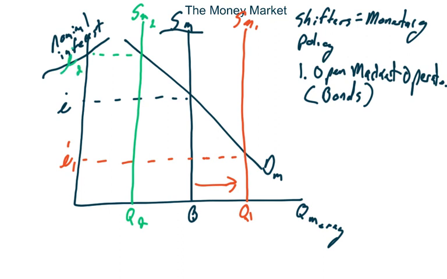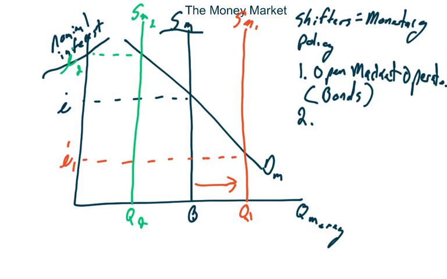Now what happens when nominal interest rates go up, guys? Real interest rates go up too, and then it becomes harder for small businessmen to borrow money and invest in their business, and that creates a whole slew of problems, right? So that's the first shifter of the supply of money, open market operations. Again, that's just the buying and selling of bonds.